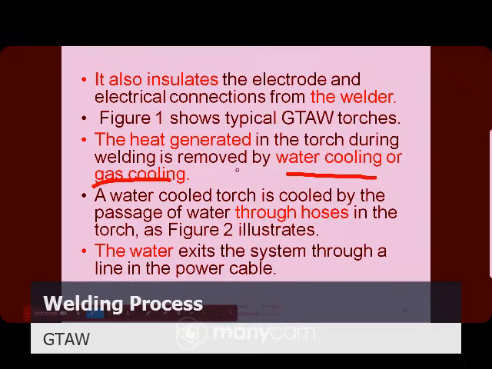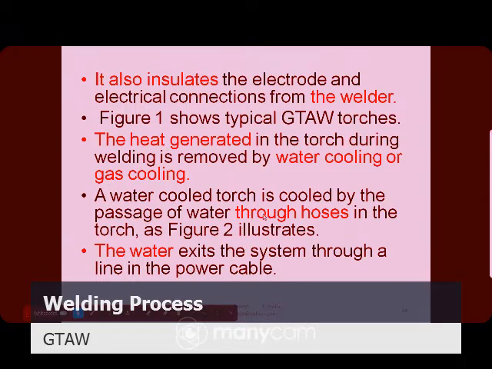So there are two types of torches. We can use water cooled torches or gas cooled torches. The water cooled type is cooled by the passage of water through the torch, and the gas cooled torch is cooled by the passage of the shielding gas in the torch. So we can select the types depending on their functions.